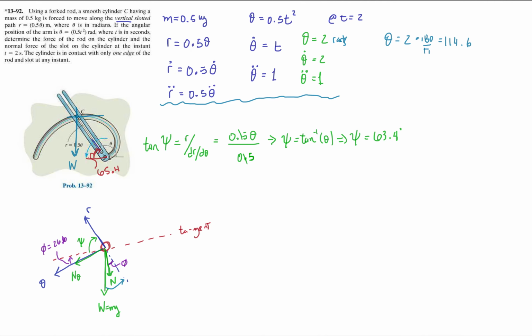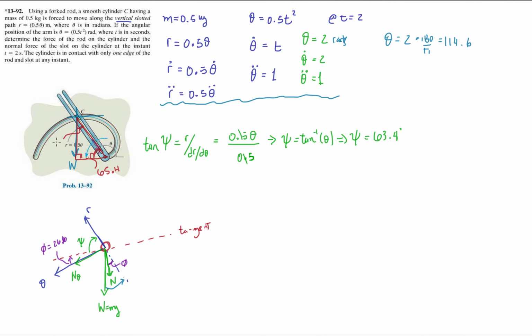So that's 65.4, which then leaves us with this triangle here. Okay, I'm kind of drawing it out. So we have this triangle where one of the angles is 65.4. We know that this is 90. Okay, so what is this angle here? This is the angle that we're interested in because this is the angle that the weight makes with the radial axis.